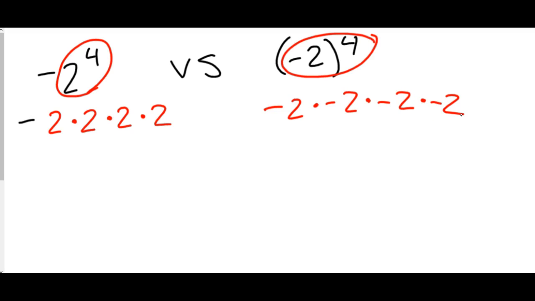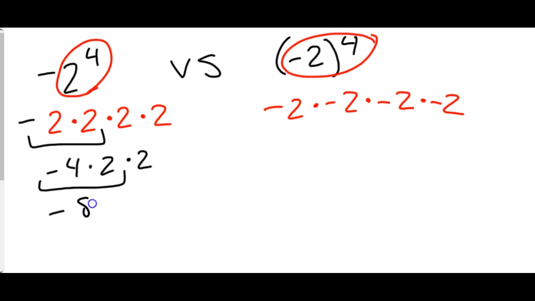It won't always make a difference, but you can see in this case, if we multiply it out, negative 2 times 2 is negative 4. Negative 4 times 2 is negative 8. Negative 8 times 2 is negative 16. Now let's try this one. Negative 2 times negative 2 is positive 4.